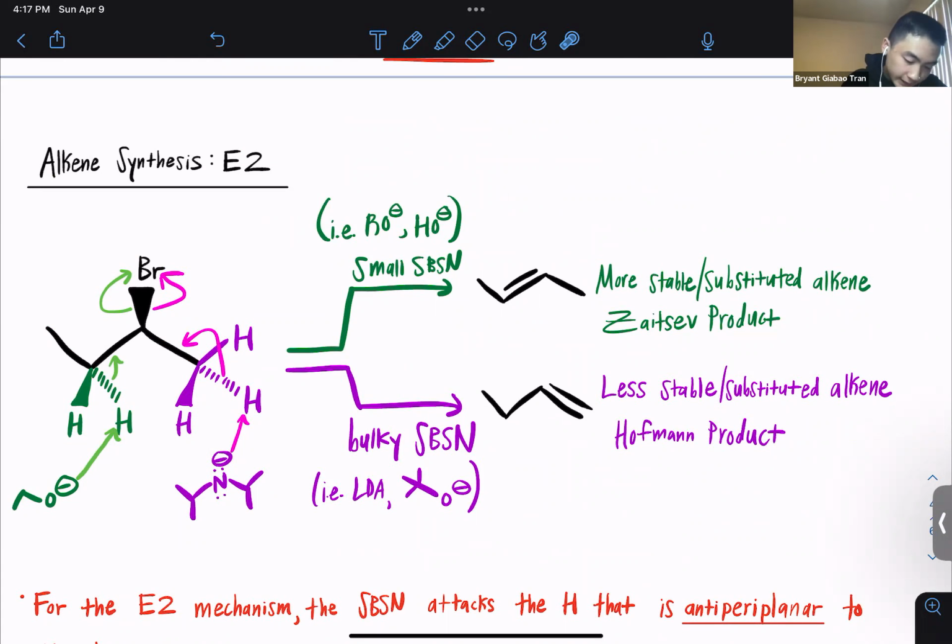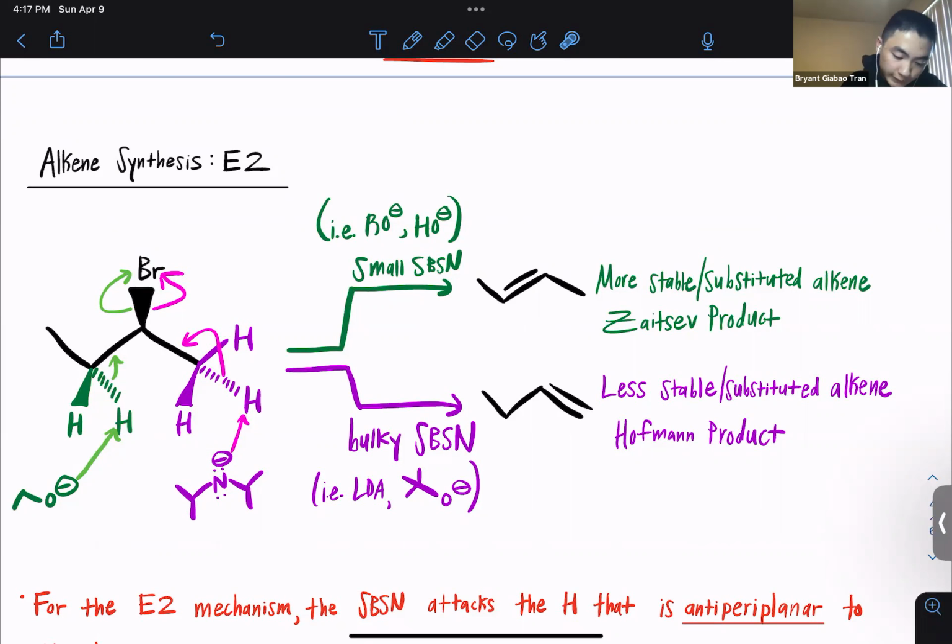And that would go for the Zaitsev product, where it grabs the hydrogen anti-periplanar to the leaving group, which means that the hydrogen has to be on the opposite side as the leaving group here. And since we use a small strong base, strong nucleophile, we are able to form the more stable alkene since it is small enough to grab the preferred hydrogen.